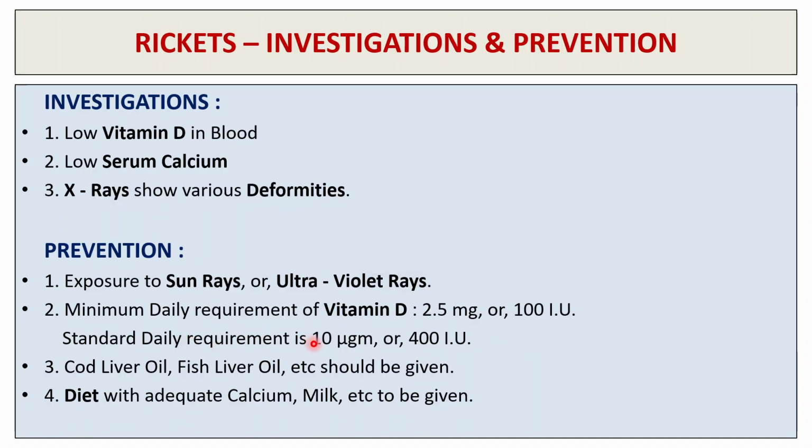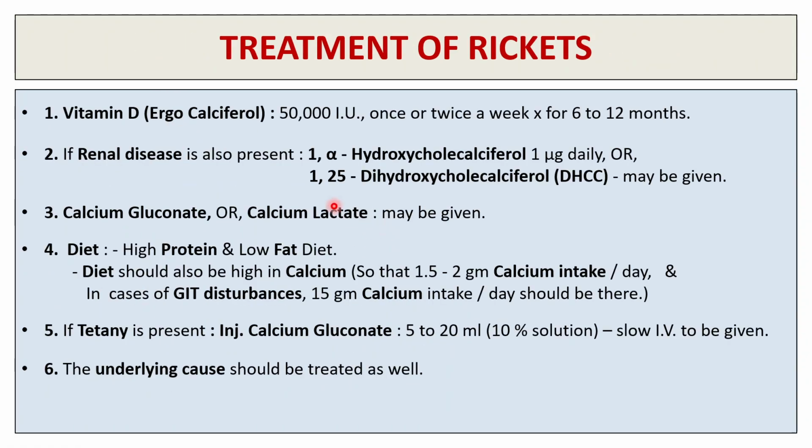Standard daily requirement is 10 microgram or 400 international unit. Cod liver oil, fish liver oil, etc. also should be given. Diet should be with adequate calcium. The milk has a lot of calcium, etc. to be given. So investigation and prevention.